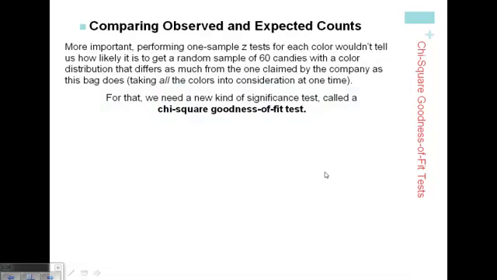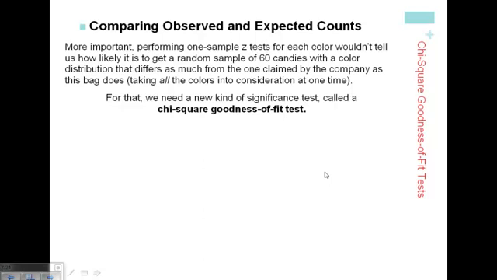First of all, let's give it a name. The name of what we're going to do is called the chi-square goodness of fit test. Now let's talk about the expression goodness of fit for just a second. It's goodness of fit because we have been told a model. We have been told that we should expect the distribution of colors for these M&Ms to have these particular percentages, 24% blue, for example. That's what we expect.